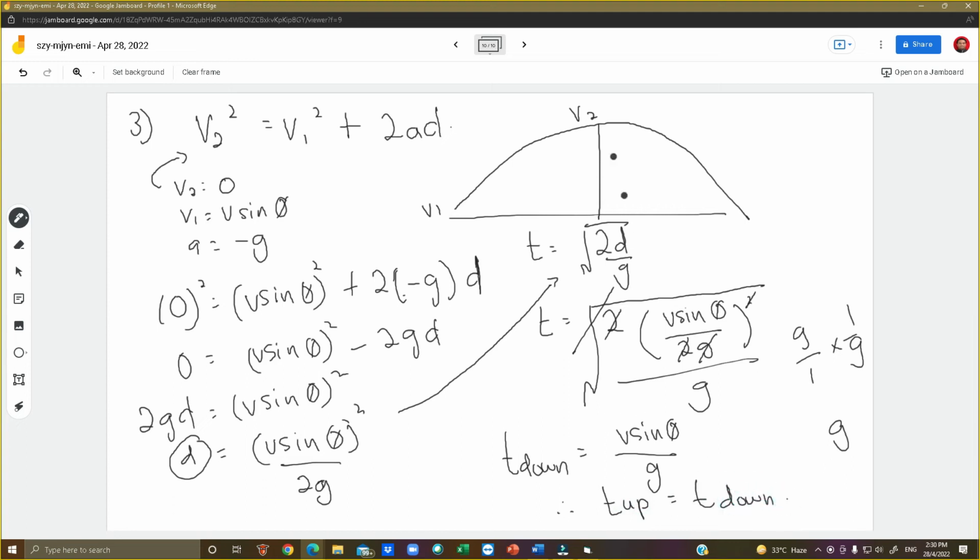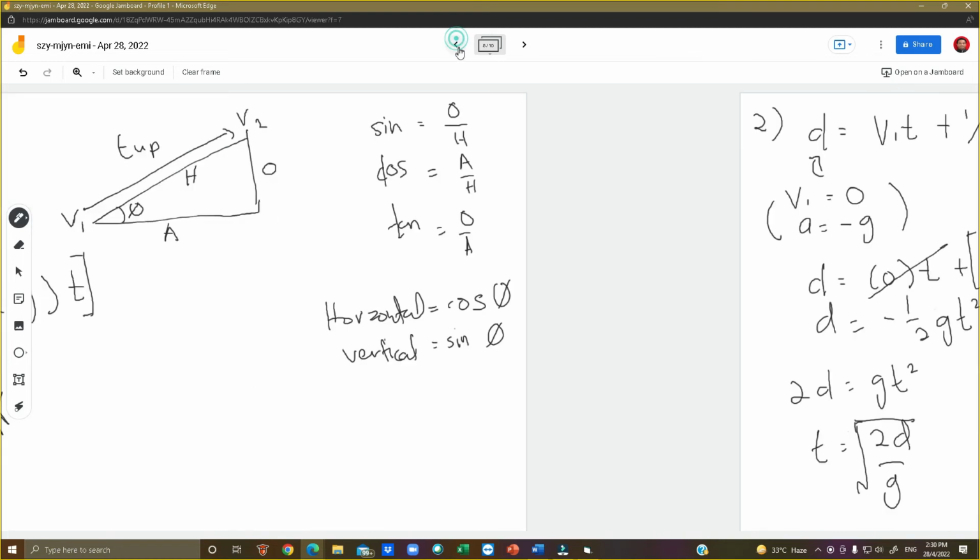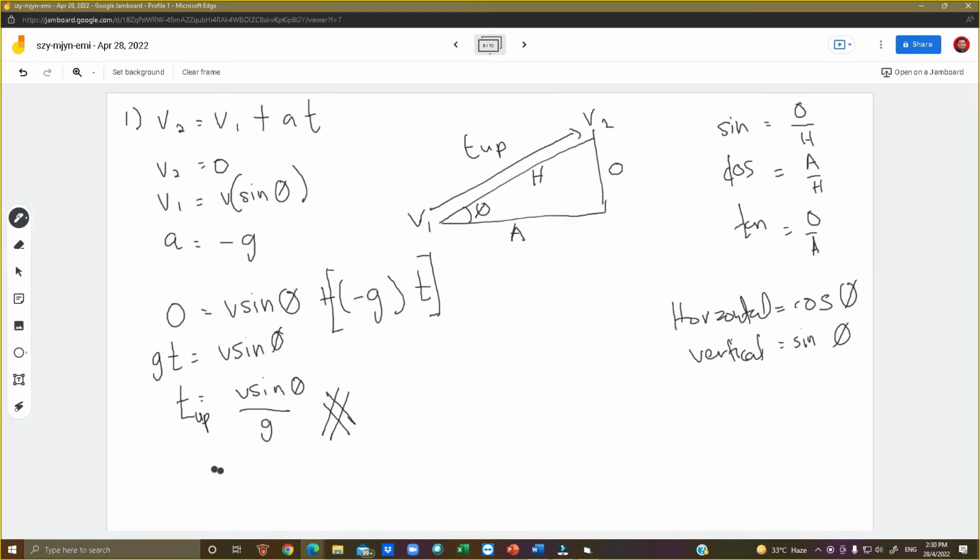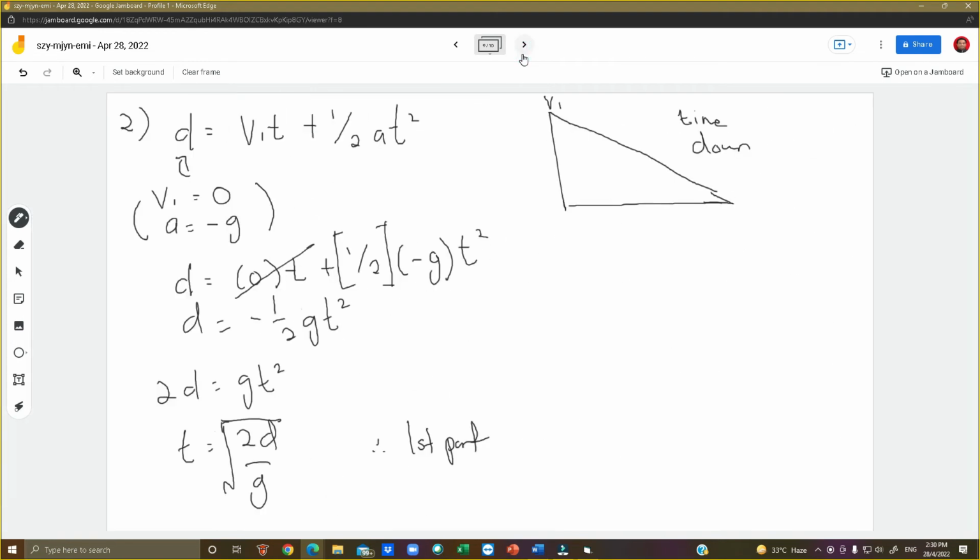This is T up, V sin theta over G. So that is the first proof.